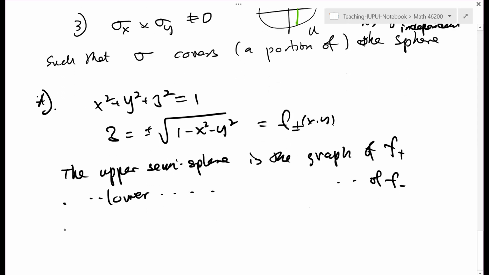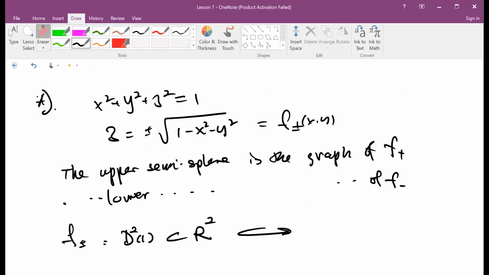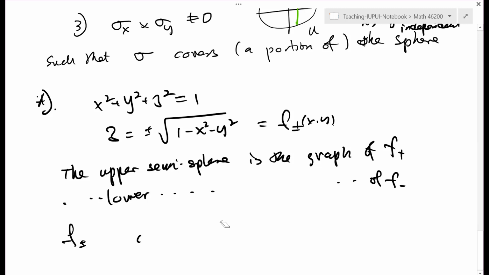Now both f plus and f minus are defined on the so-called unit disk in R2. It's just a function on this disk, a smooth function on the unit disk.